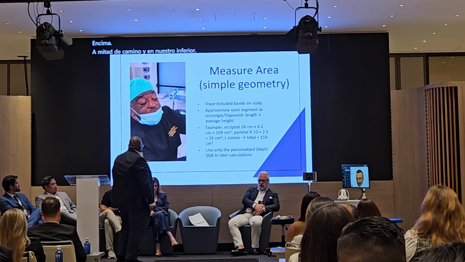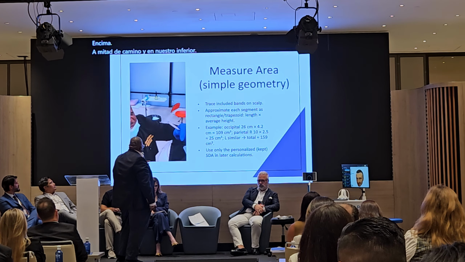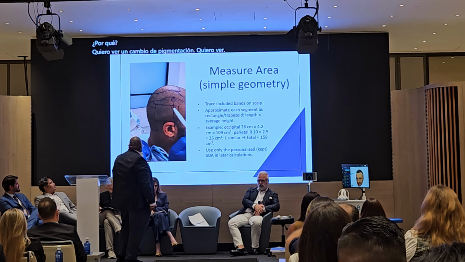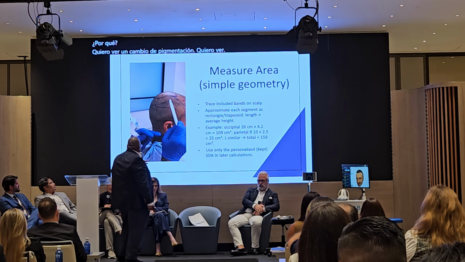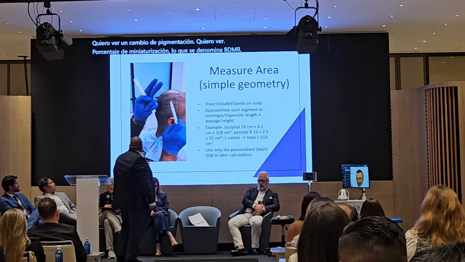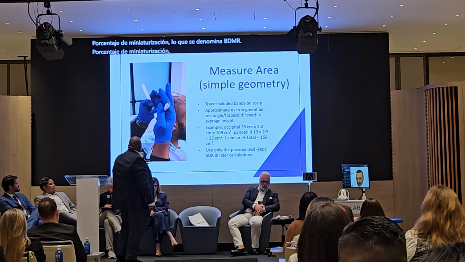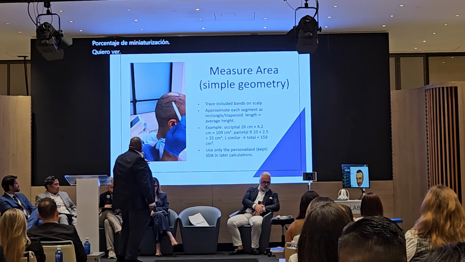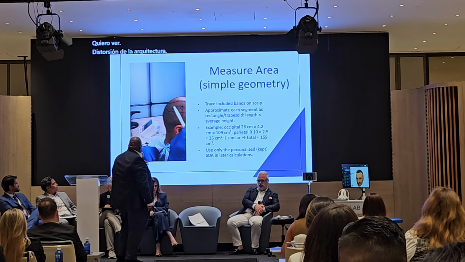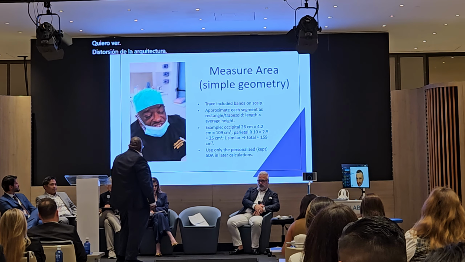I want to see architecture distortion in terms of follicles. Some follicular units will be like this, but some will have all kinds of directions. And Dr. Sinclair has shown that that would be the early sign of androgenetic alopecia.